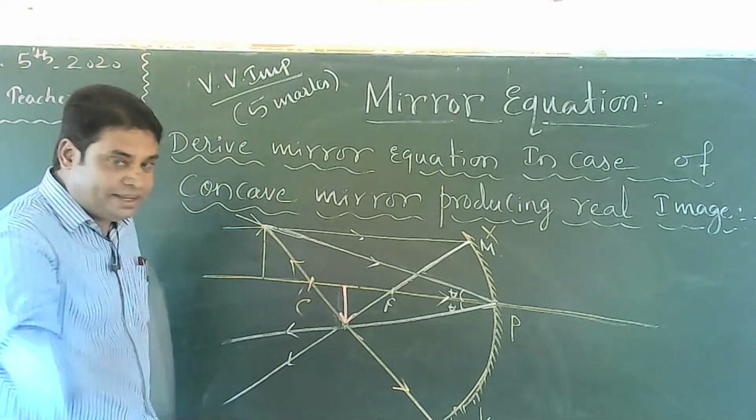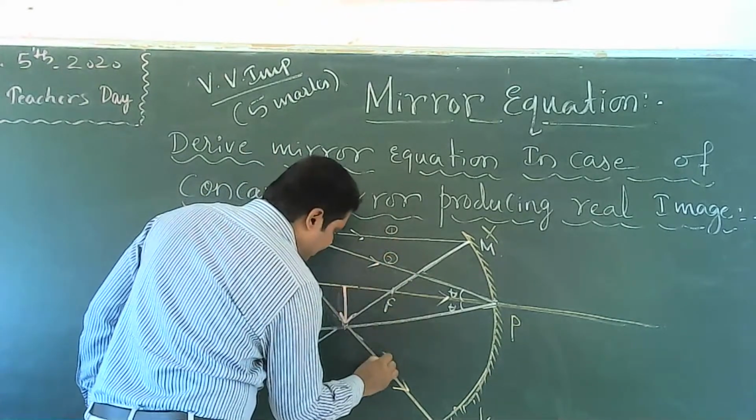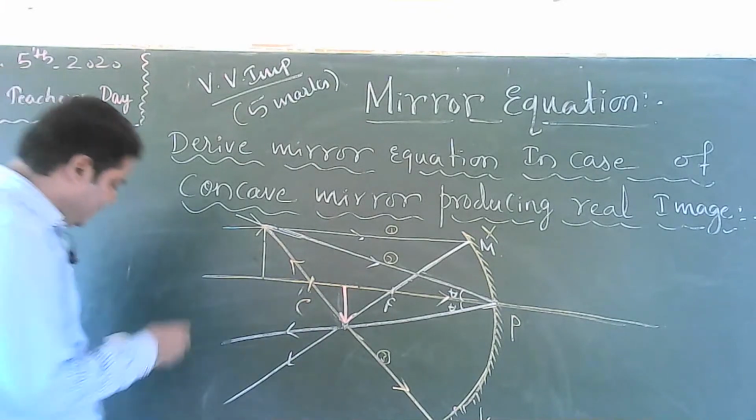Here we have to consider three rays: ray 1, ray 2 and ray 3. I hope you understand.